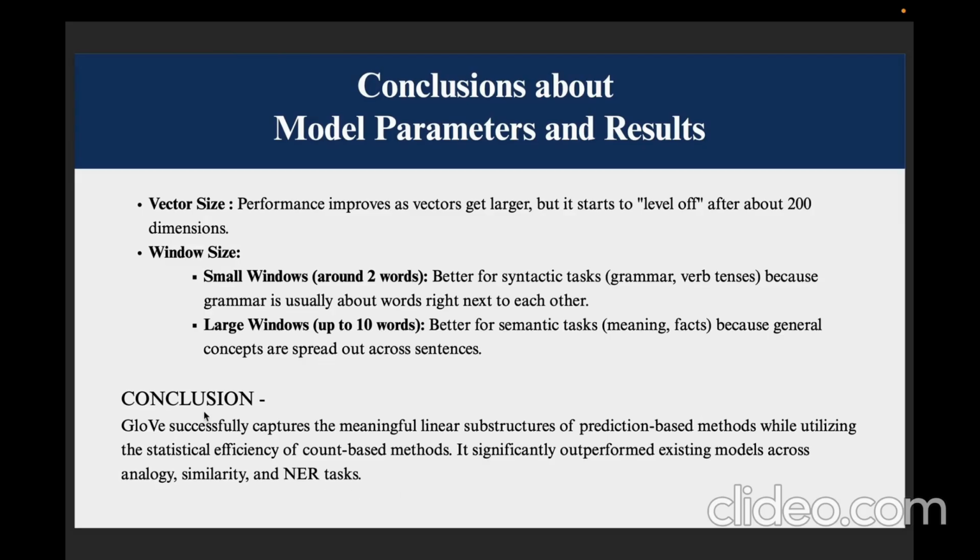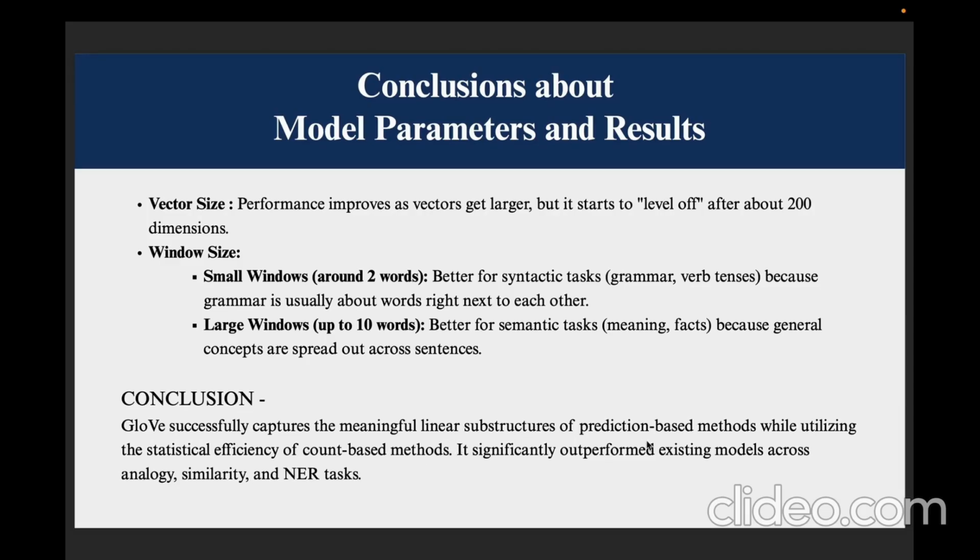So, the conclusion about the paper was that GloVe successfully captures the meaningful linear substructures of prediction based methods. Yes, we have already acquired this and proved this, while utilizing the statistical efficiency of count based methods. We also saw that it covers global context just like LSA.